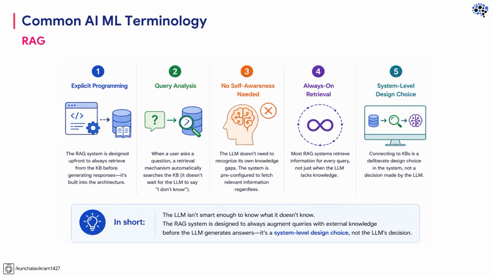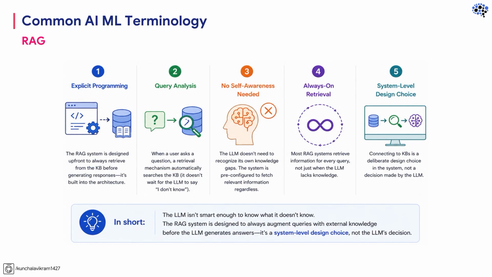When the user asks a question, the retrieval mechanism automatically kicks in and gets the context from the knowledge bases. The LLM doesn't need to recognize its own knowledge. Basically, the system is pre-configured to fetch the relevant information regardless. The RAG system itself is designed like that.